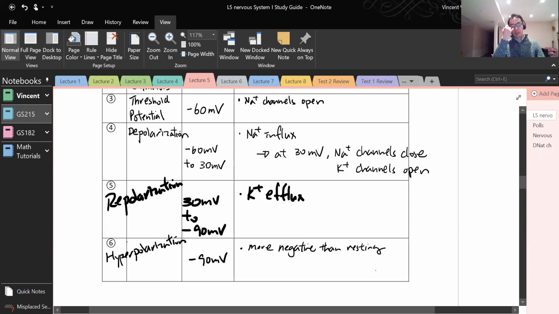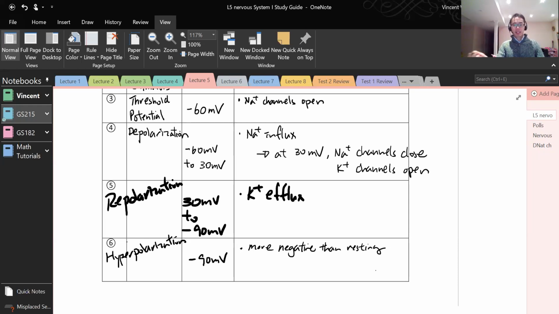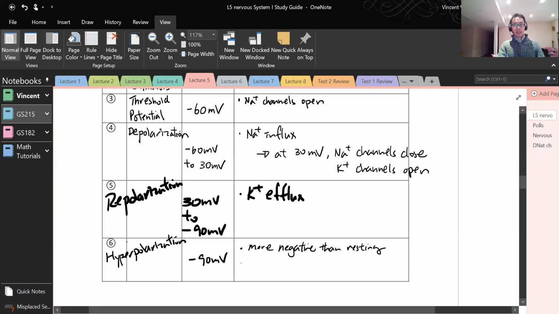That means we cannot transmit another signal until we go back to resting. And the second problem is the ion distribution is opposite compared to resting.